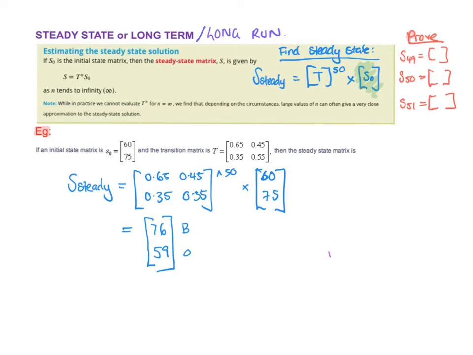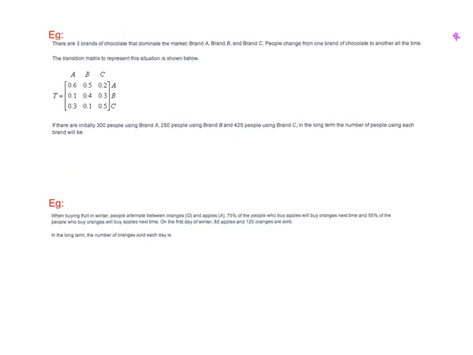All right, so let's do a couple more. Here's another example. It says there are 3 brands of chocolate that dominate the market, brand A, B, and C. People change from one brand of chocolate to another all the time. The transition matrix is shown below.